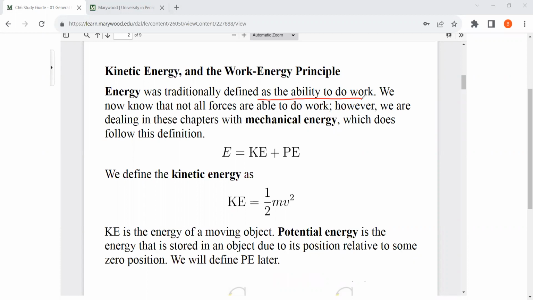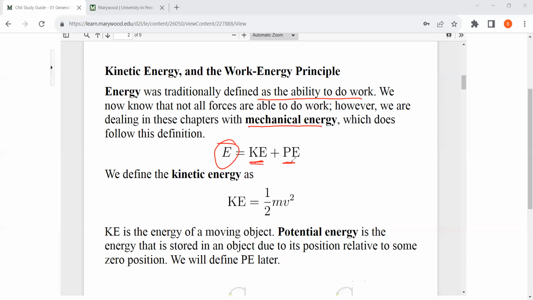So the first thing we are going to learn is the mechanical energy. Remember that the mechanical energy is the sum of kinetic energy and potential energy. We use E for the mechanical energy: E equals the sum of kinetic energy and potential energy.